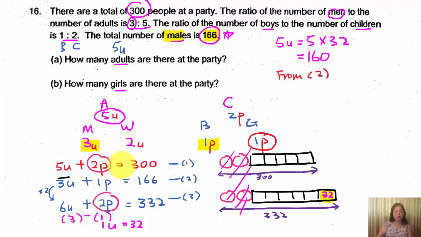So from equation 2, 3 unit plus 1 part is equal to 166.